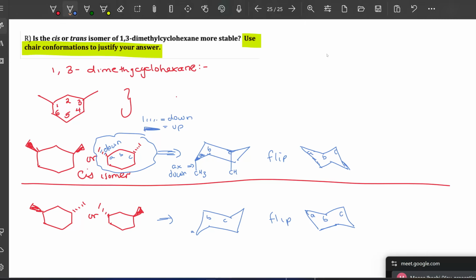Oh, so we're not going to get any equatorial? I thought we could choose A, B, or C. Now, no, we flip. Once you flip, whatever was axial down, you choose either molecule A or B. But how do we know it's axial and not equatorial? Because the carbon is going down. You have two cases. You always have three equatorials and one axial.